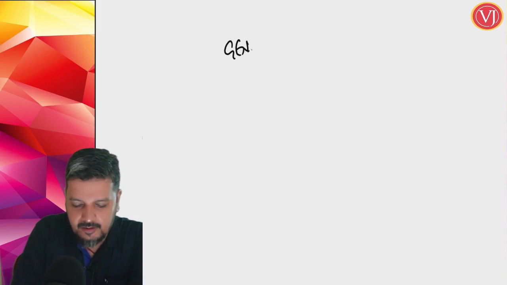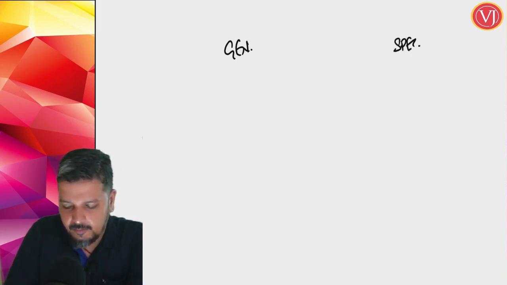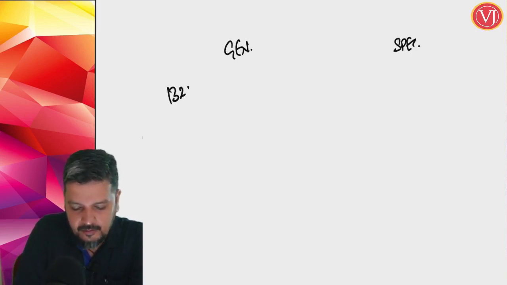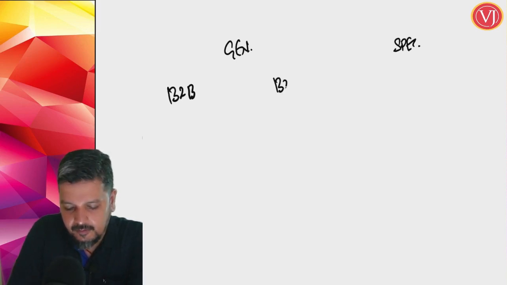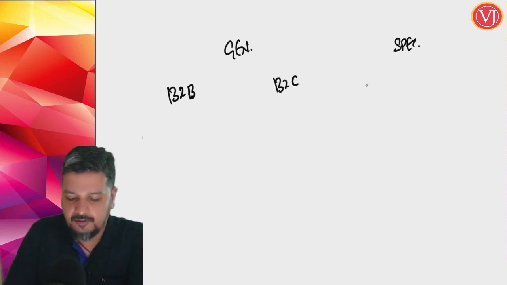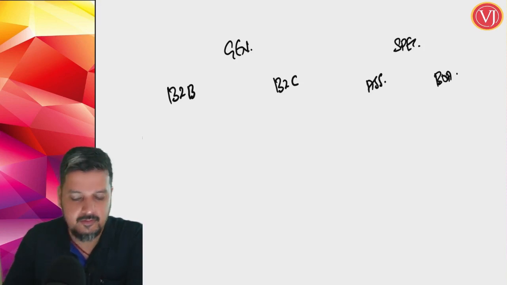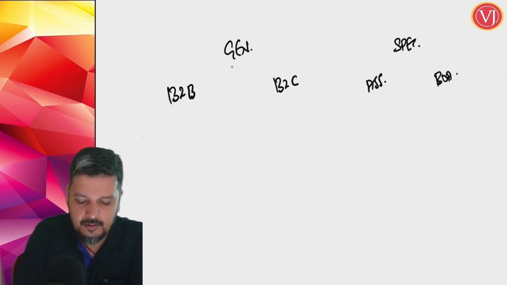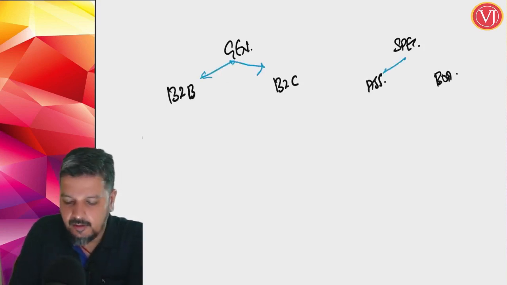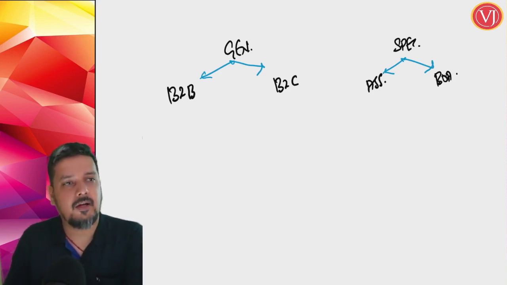Rather, we'll make it more clear. General transactions, special transactions. General transactions: B2B, B2C. Special transactions: goods assembled at site and goods sold on board a conveyance. So in general, you have 2 categories, and in special, you have 2 categories.